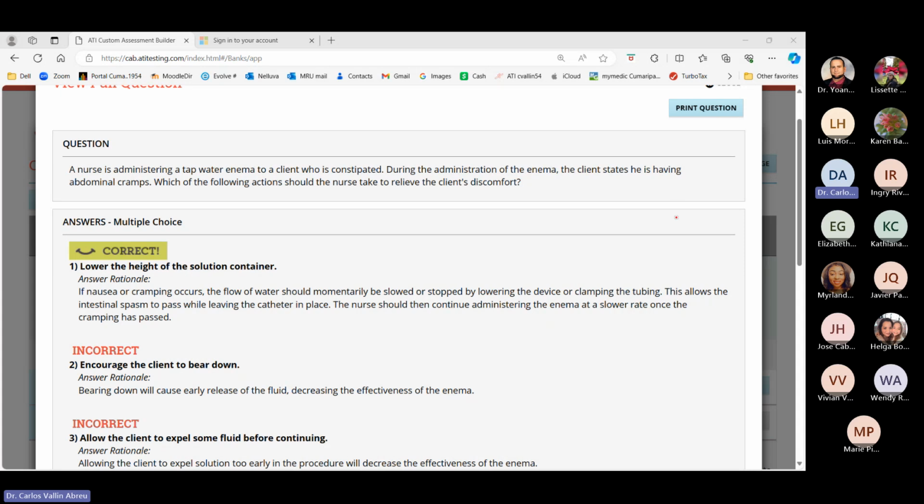Or very simple, you reduce the height of the bag, and then the liquid will pass slower and, as a consequence, the pain will disappear. Makes sense, no? Makes sense. So the answer is lower the height of the solution container.